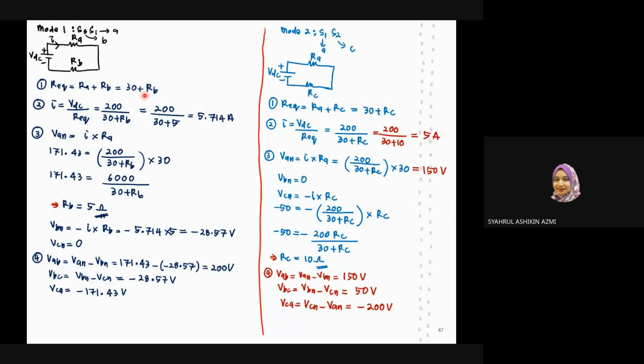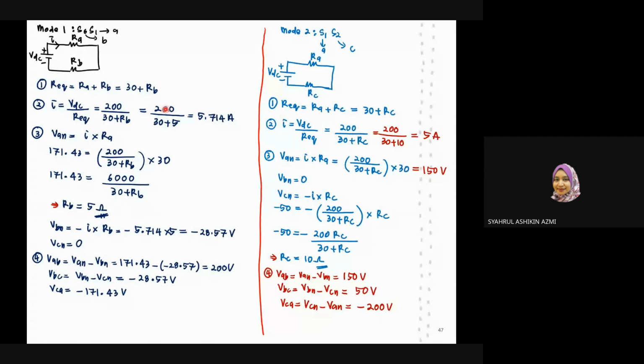Then continue your working in step number 2, where you need to find your current. Your I will be equal to VDC over R equivalent. The DC link voltage given in the question is 200 volt, so you can substitute the value straight away. R equivalent you can take from step number 1, which is 30 plus RB.